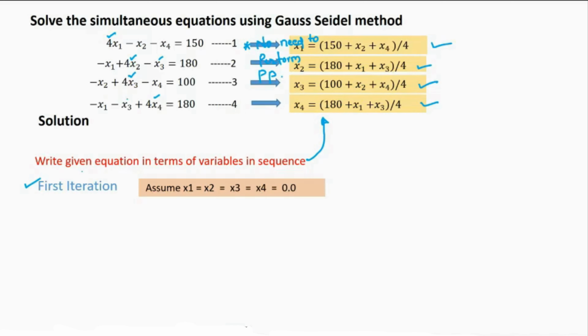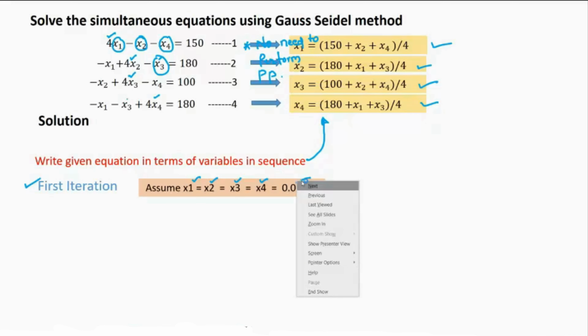In the first iteration, in case of the Gauss-Seidel method, assume all variables, x1, x2, x3, and x4, to be 0. This is the first step.